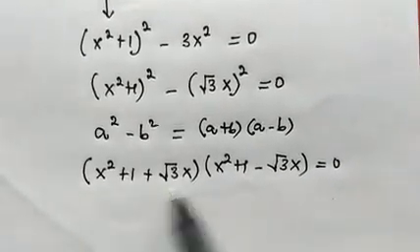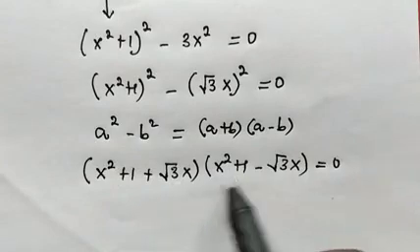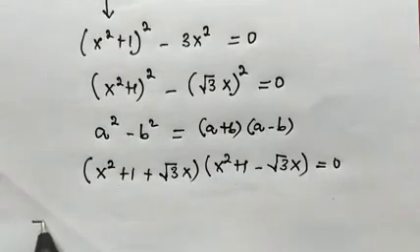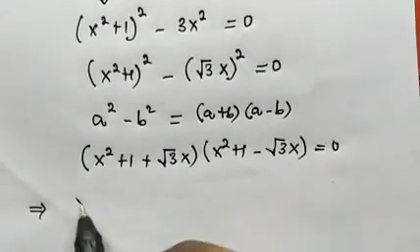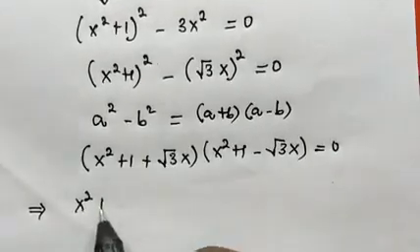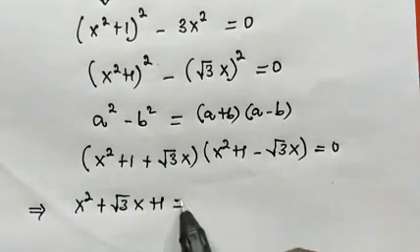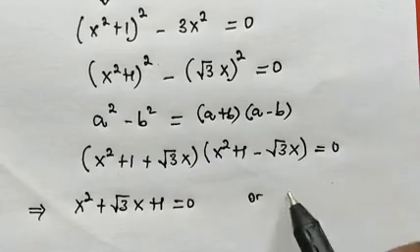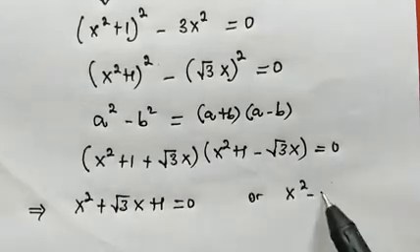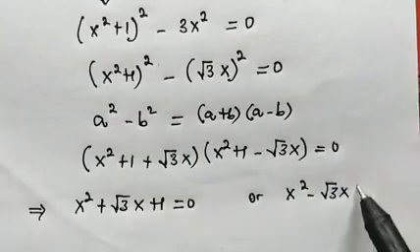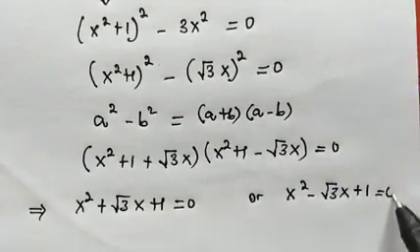Now we obtain two quadratic expressions in the brackets, right? So from here, this implies that either x squared plus square root of 3 times x plus 1 is equal to 0, or x squared minus square root of 3x plus 1 is equal to 0.